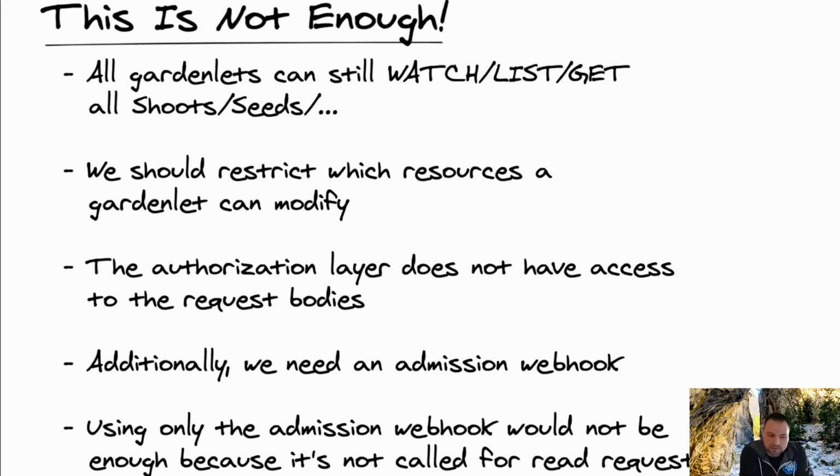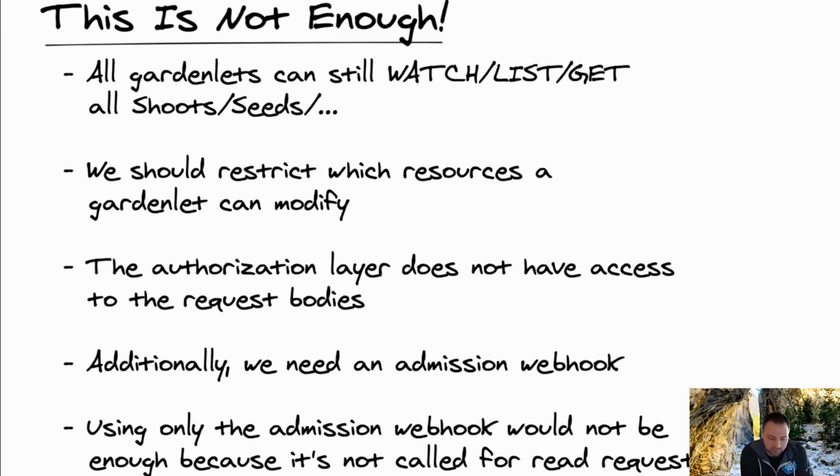If you remember the subject access review that I showed earlier, it only contains the user information and more or less the resource name and the verb, but it does not contain the entire object of this resource. So if you need some information out of the request or out of the object body, then we cannot use the authorization webhook.